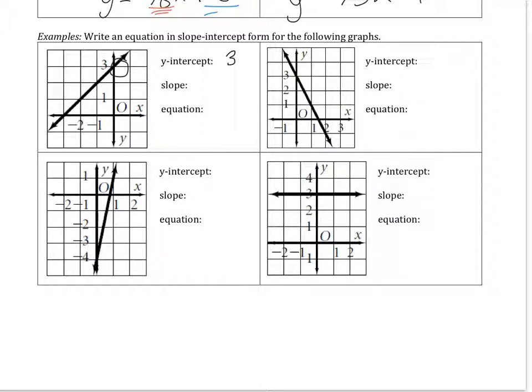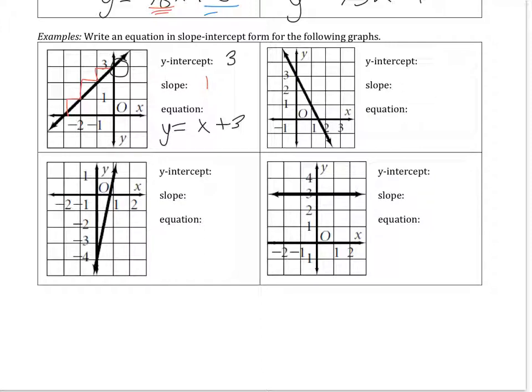Now when I do the slope, I have to look at the scale and do change in y over change in x. In this case, it looks like I'm going up 1, right 1, so the slope is going to be 1. Now I can write my equation as y equals the slope, which is 1, so I could write 1x or x, and then plus 3.